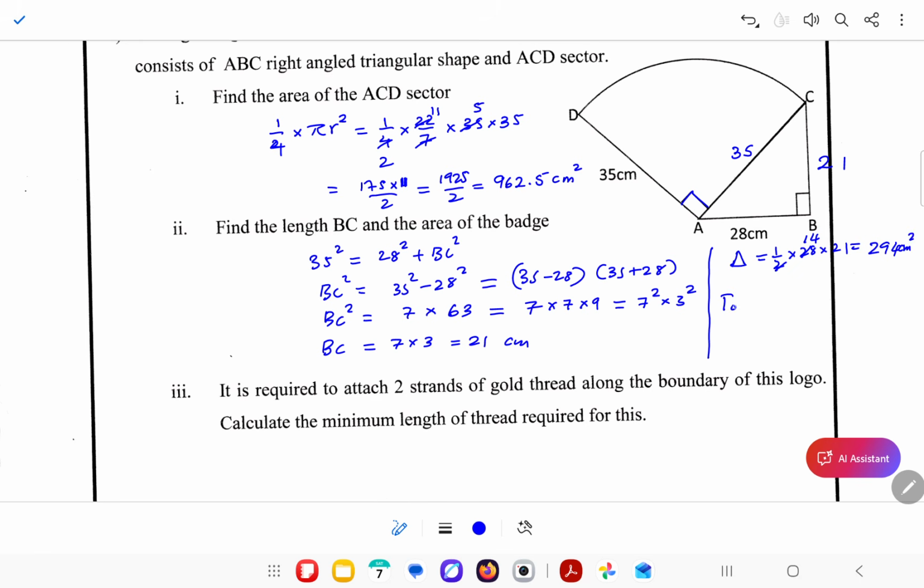So total area is what? Total is 294 plus 962.5. So 1056.5. So 1256.5 square centimeters.